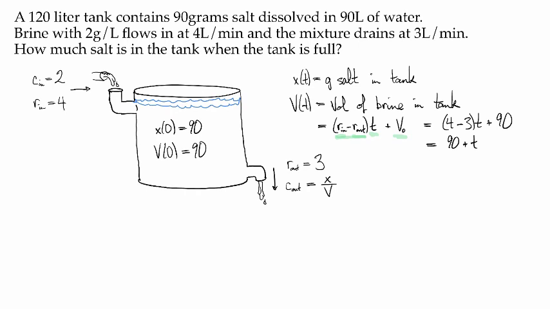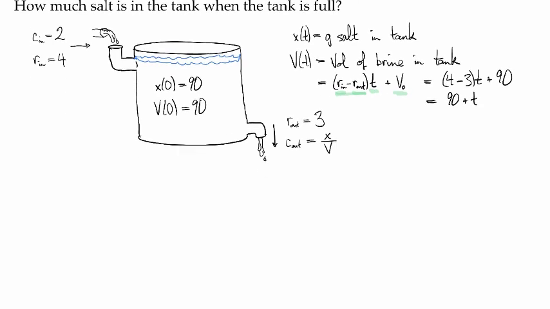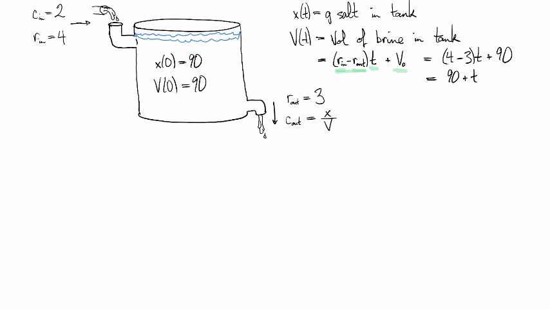As the goal for this problem, we're first going to figure out when tf is. This is the time that the tank fills, and the tank is going to be full when V of tf is equal to 120, because it has a capacity of 120. We just saw that the formula for the volume is 90 plus t.